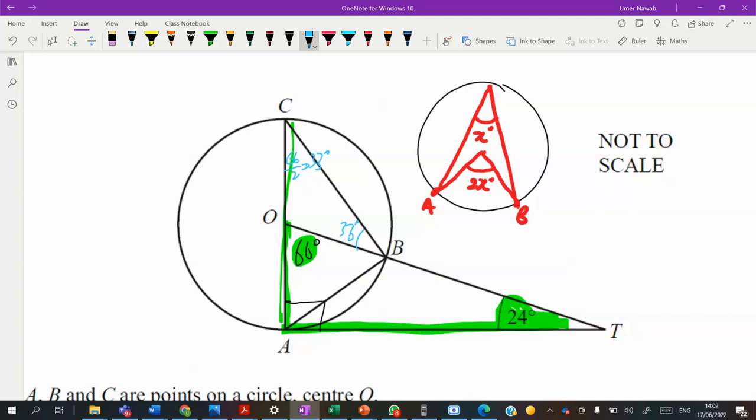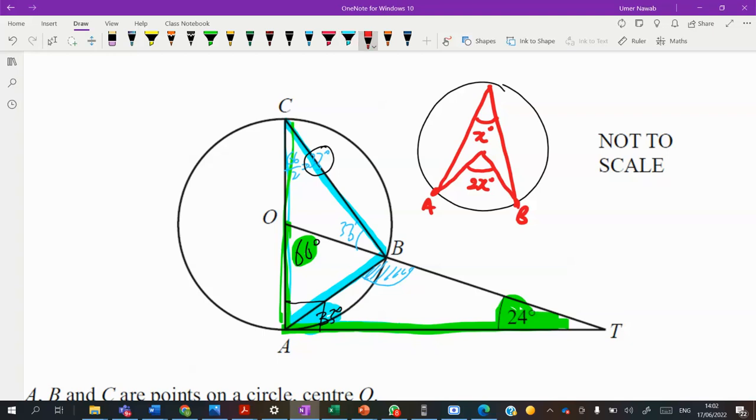And then I will try to find this angle also by the alternate segment theorem. This is 33. Why? Because this is 33. Look, if this is 33, that has to be 33.